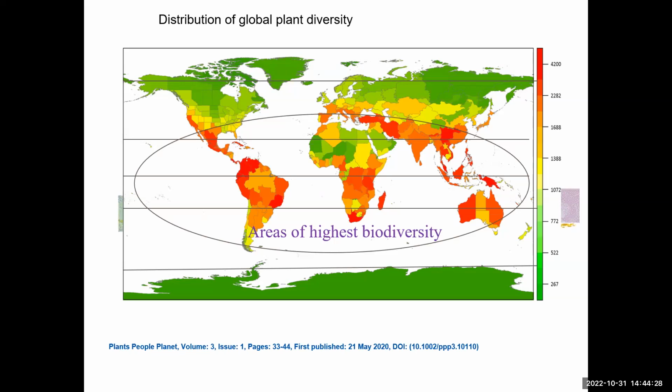And it's also for plants as well as for animals. That is the greatest area of biodiversity. And you can see we have Africa, we have parts of Asia, and also South America. Really, really high biodiversity. But again, like I've said, some of these areas also tend to have low skills.